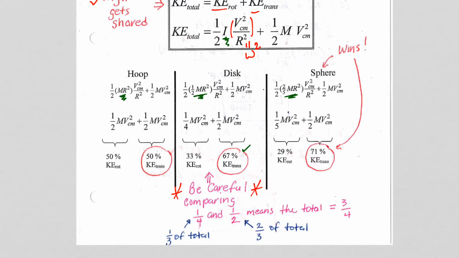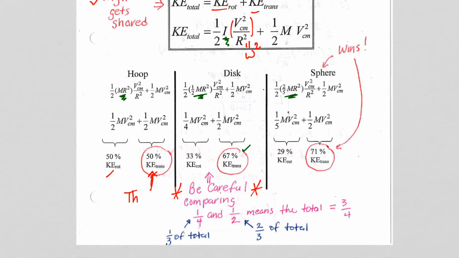Because if we look at the hoop, it is 50% translation, 50% rotation. So half of the potential energy goes into translation, half goes into rotation. The rotational energy goes into spinning the wheel. It's the translational energy that we're looking at to see who wins the race.